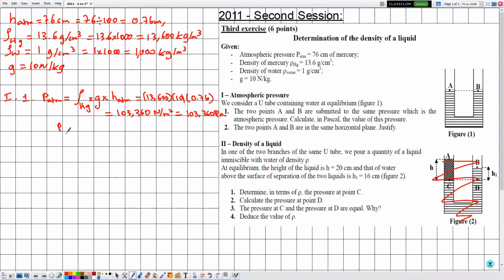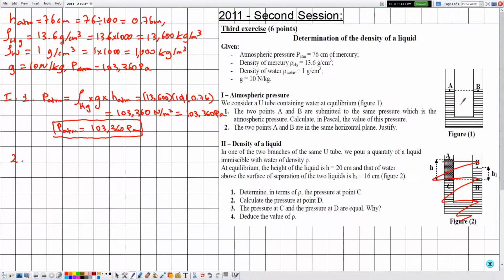So the value of the atmospheric pressure is 103,360 Pascal. Let's write here in the given that the atmospheric pressure is 103,360 Pascal.